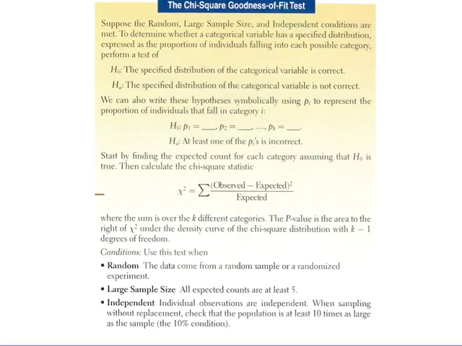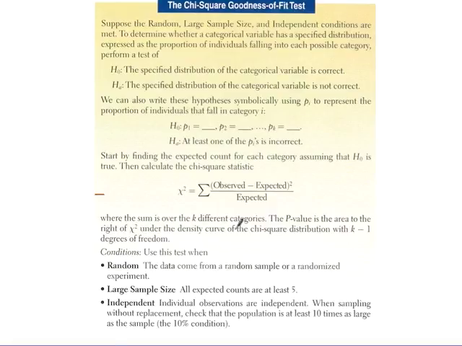We can also write these hypotheses symbolically using p sub i to represent the proportion of individuals that fall in category i. So this is like what we did in the beginning when we were first talking about the M&M's problem. Start by finding the expected count for each category, assuming that the null hypothesis is true. Then calculate the chi-square statistic. So we did that in step 3 of our original problem, where the sum is over the k different categories.